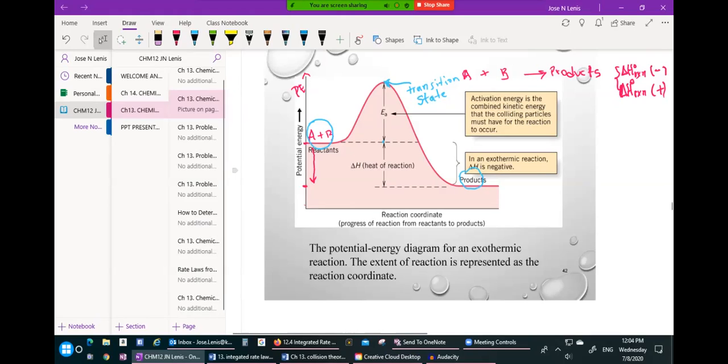So basically you need to give some sort of energy, depending on the reaction. Some reactions just need heat. For other reactions, just giving energy in light, for example, electromagnetic radiation, microwaves.